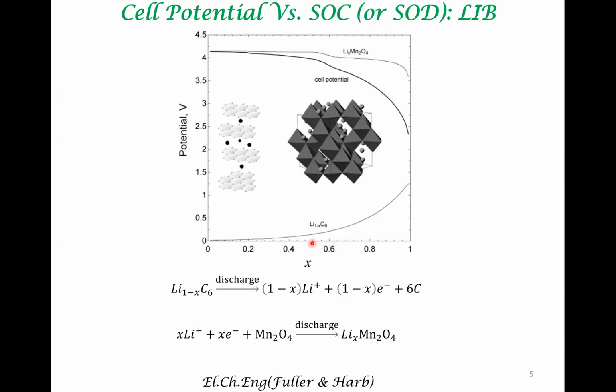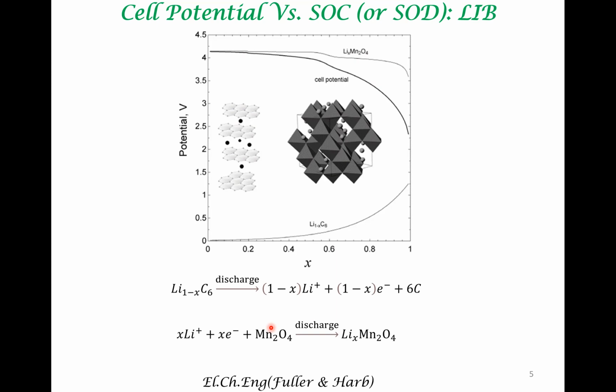So how does the cell potential vary as the battery is getting discharged? This can be broken down into the energetics of two half cell reactions. This is one half cell reaction. This is another half cell reaction.